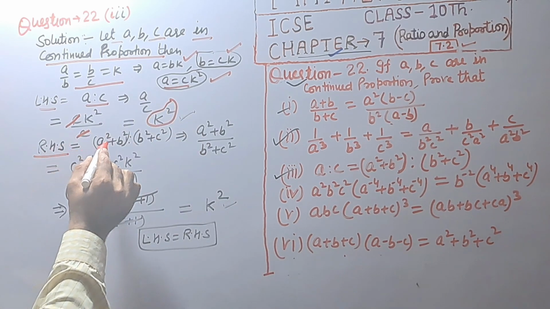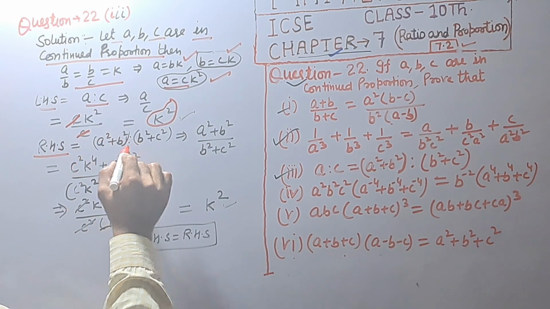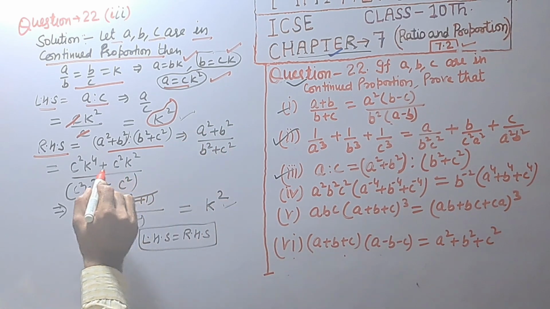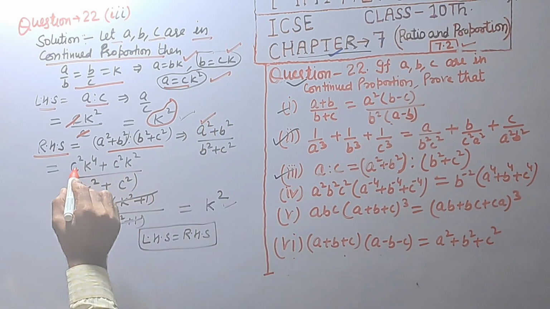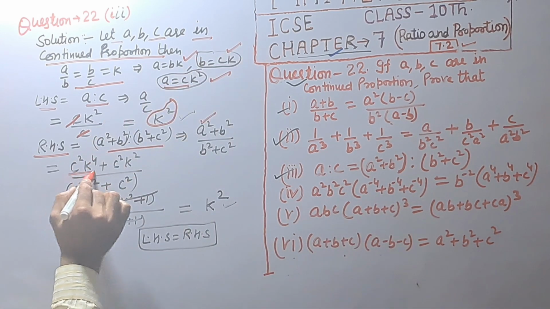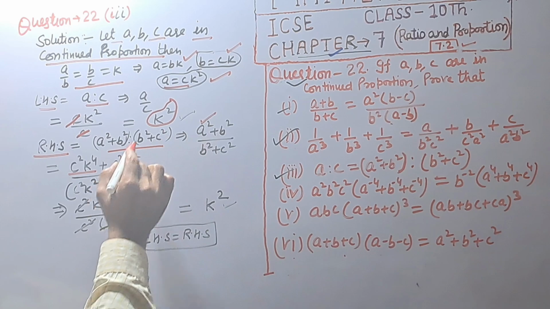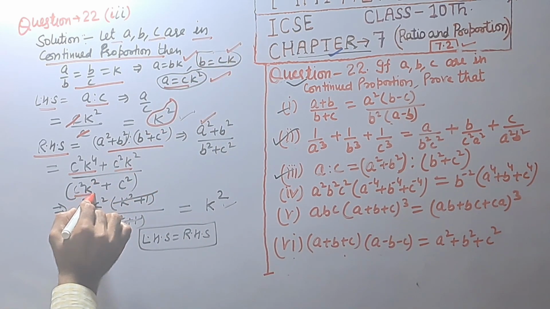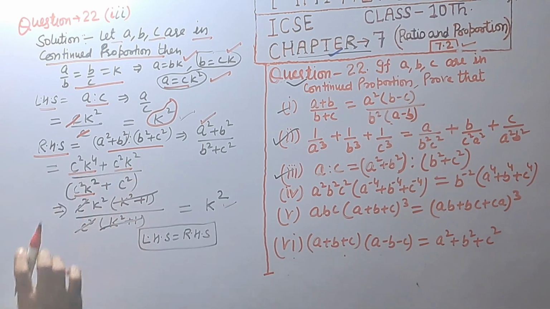And right hand side is a square plus b square ratio b square plus c square, that is a square plus b square upon b square plus c square. a square is equal to c raised to power 2 k raised to power 4, plus b square equal to c square k square, divided by b square which is c square k square, plus c square as it is.